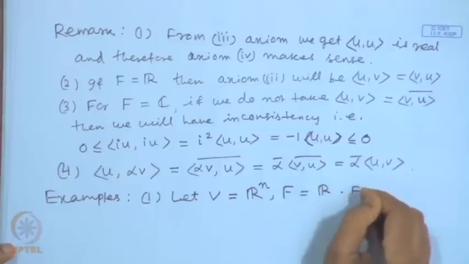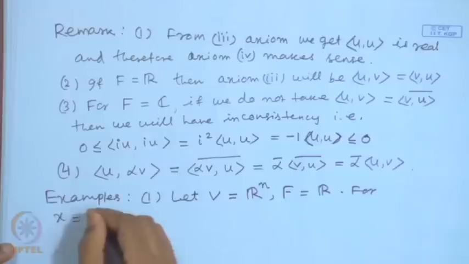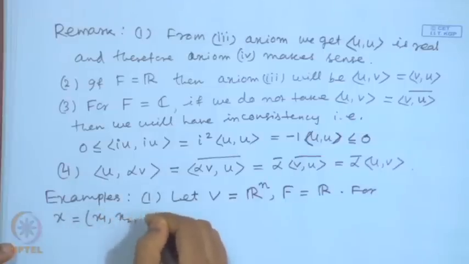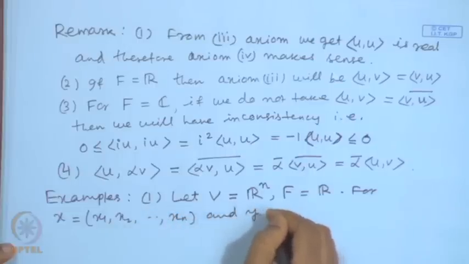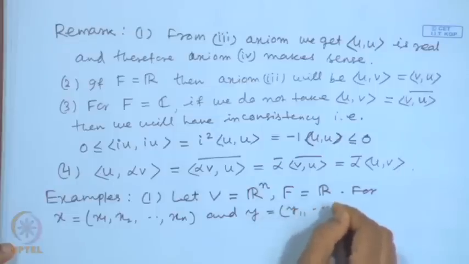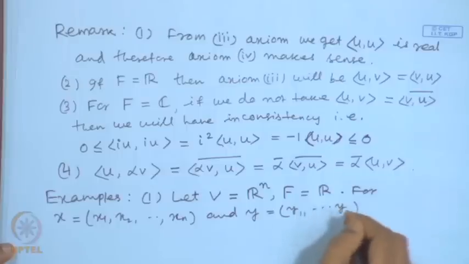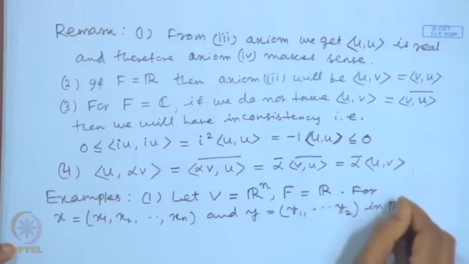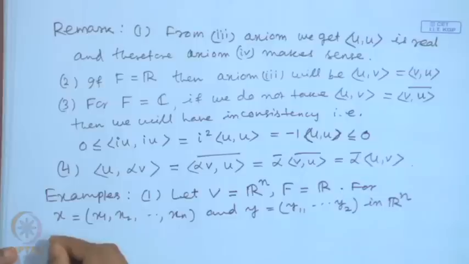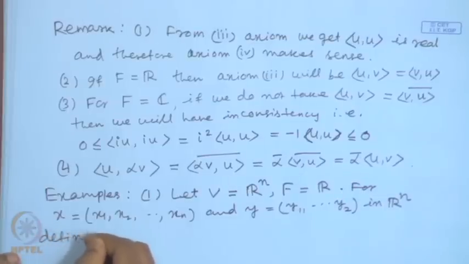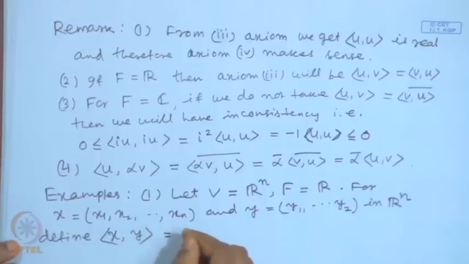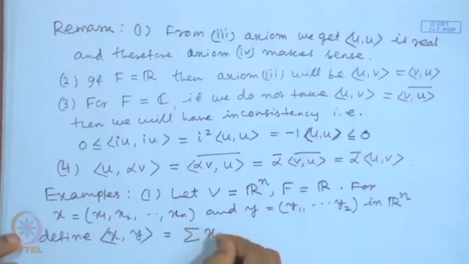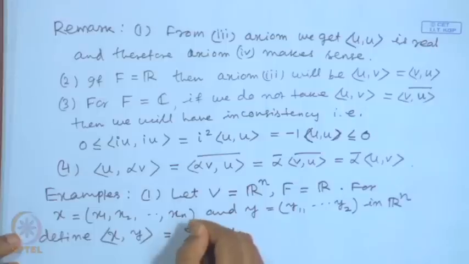For a vector x consisting of x 1, x 2 to x n and a vector y with components y 1, y 2 to y n in R n, we define the inner product of x and y as the summation of x i y i from 1 to n.